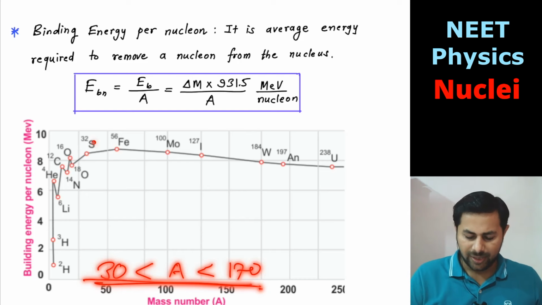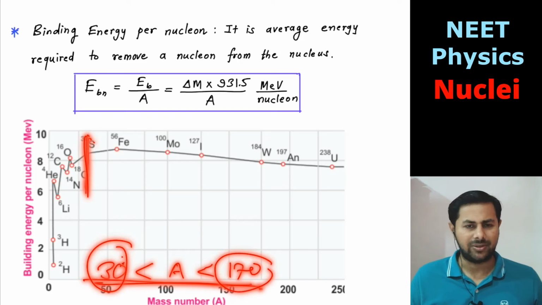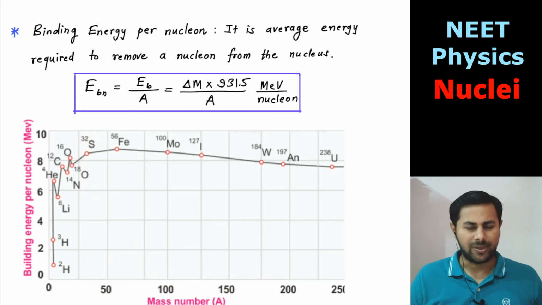That means if mass number is less than 30 and greater than 170, then what happens? That nucleus is not stable, right? If mass number is less than 30, it's not stable. If it is greater than 170, it is also not stable.